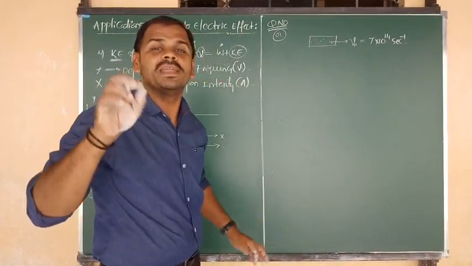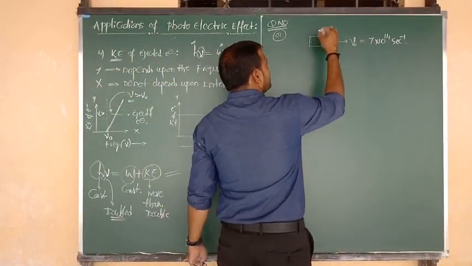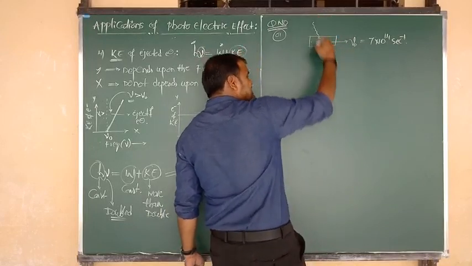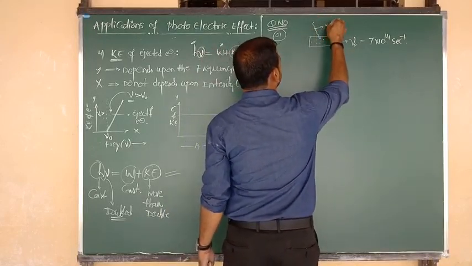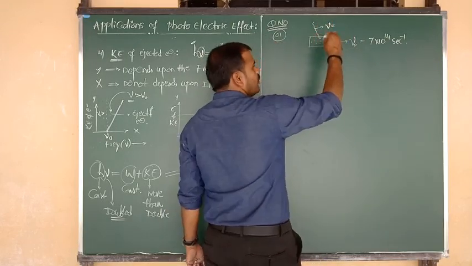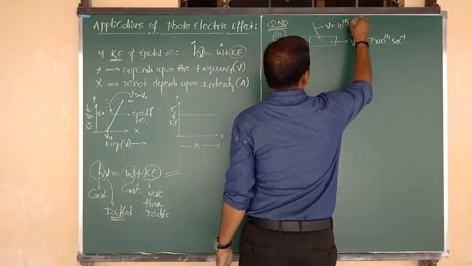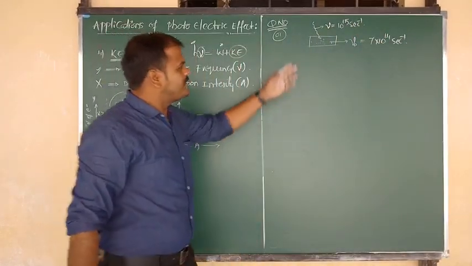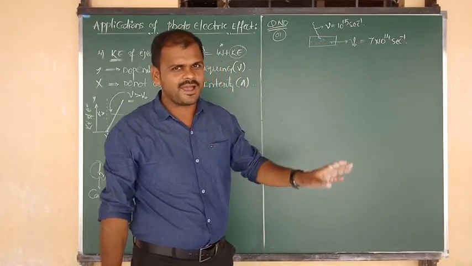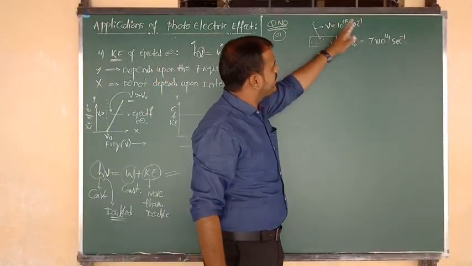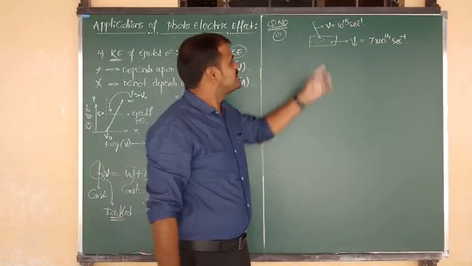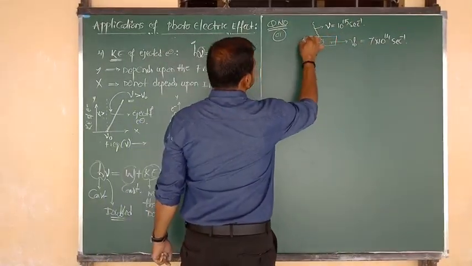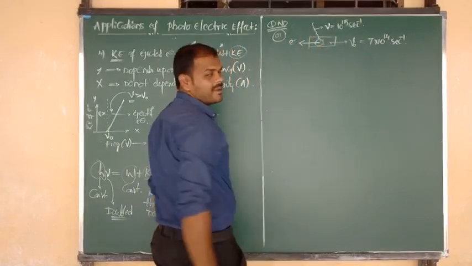In that problem they mention that when the metal is exposed to a beam of light, or incident photon, it has a particular frequency nu equal to 10 to the power of 15 second inverse. The threshold frequency of the metal is given, and the incident photon frequency is also mentioned. By the incidence of such a photon, release of electrons from the metal surface takes place.